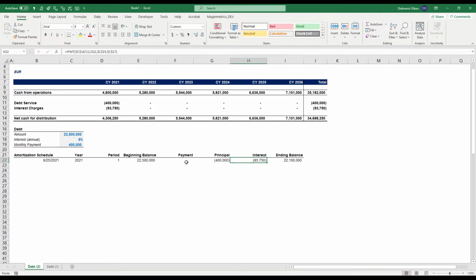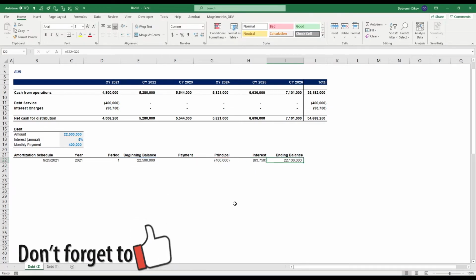And our interest can be calculated on the beginning balance. So this is going to be equal to minus our beginning balance for this period, multiplied by our interest rate, fix it with F4, and don't forget to divide it over 12 because we're still doing this on a monthly basis and this is an annual interest. Our ending balance formula is the same.